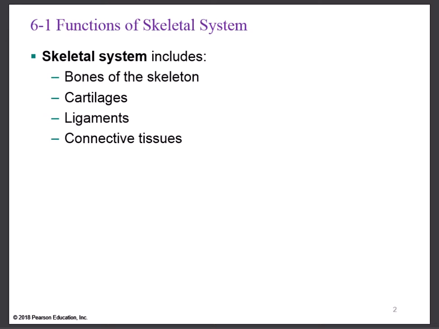The bones are associated with cartilages, so they're part of the skeletal system. Ligaments hold bones together, and there's even some connective tissues that are associated with the skeletal system. As an example, blood is a connective tissue, and it turns out that blood is actually made in the bone.